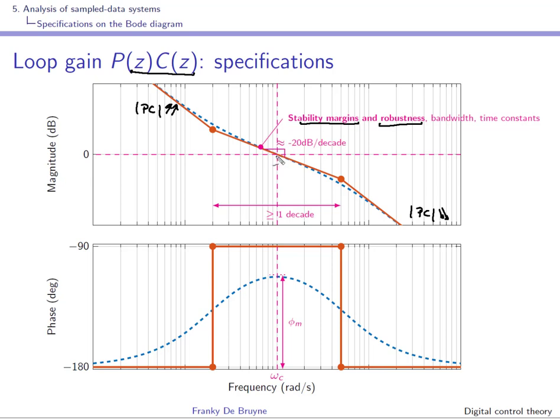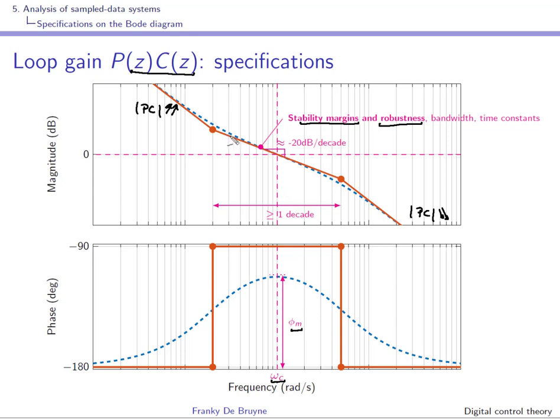Well, this loop gain goes through a gain of 1 at some frequency, which is the gain crossover frequency. So a gain of 1 corresponds to 0 dB, and it is at that frequency that you impose the phase margin.